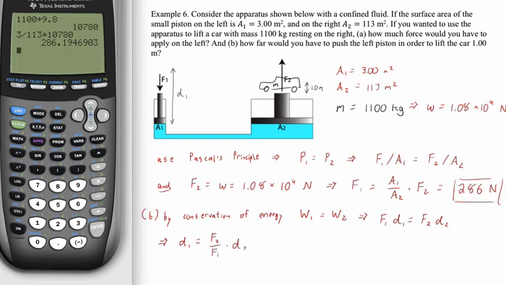So that's 1.08 times 10 to the 4 newtons divided by 286 newtons, all multiplied by 1 meter. Let's take this, divide it by this value here, multiply by 1, and we get 37.7 meters.